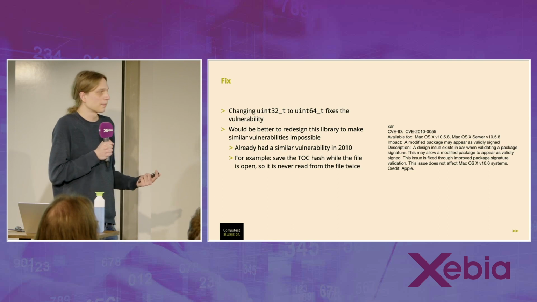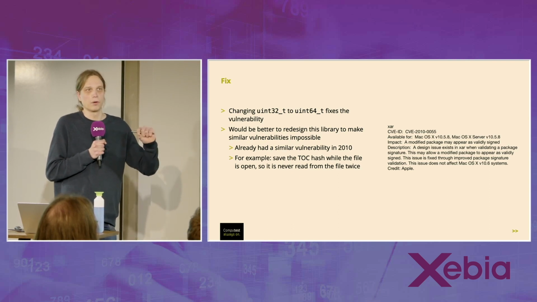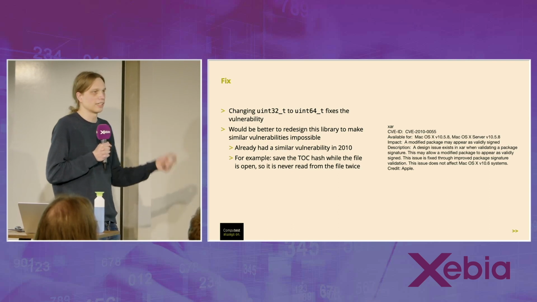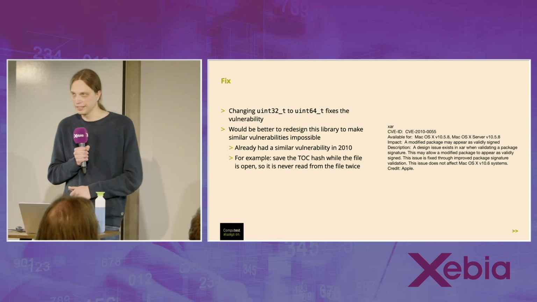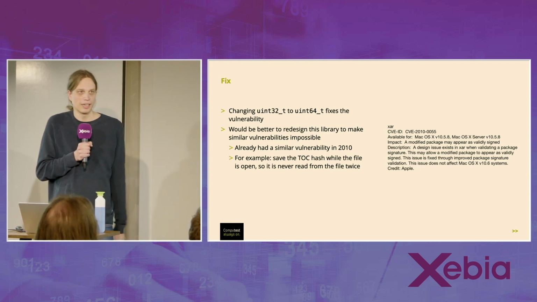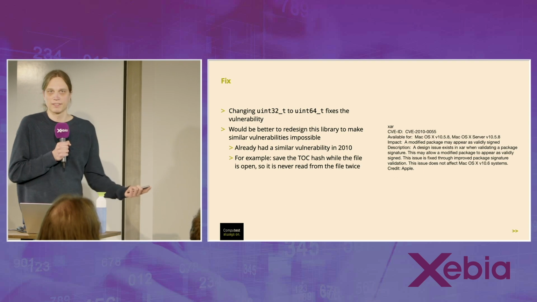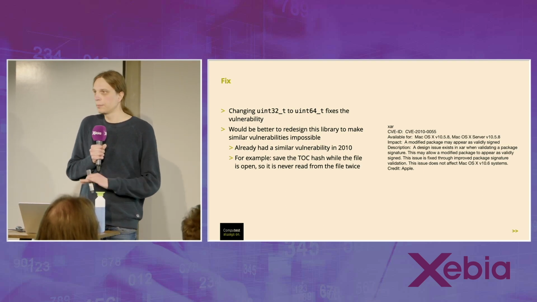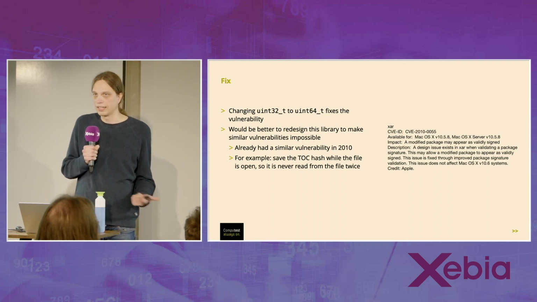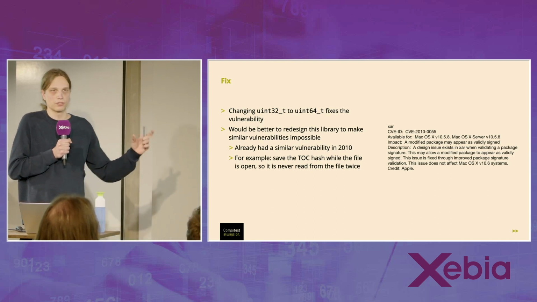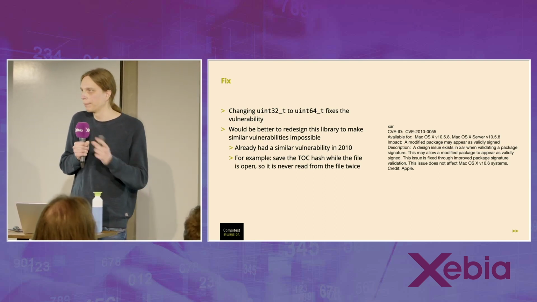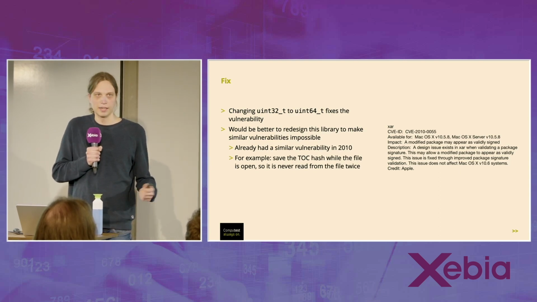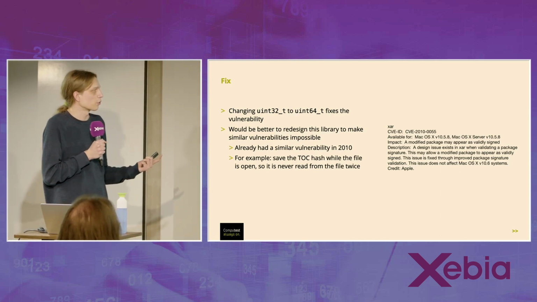But at that time, they were always using offset 0 for the TOC hash in one place, and they were reading it from the archive in another place. So it's really similar to a 13-year-old vulnerability, which I think is something I haven't seen before. And it would be quite easy to fix this: in general, just save the table of contents hash somewhere in memory while the file is open, and it would be impossible to reintroduce this vulnerability in the future.